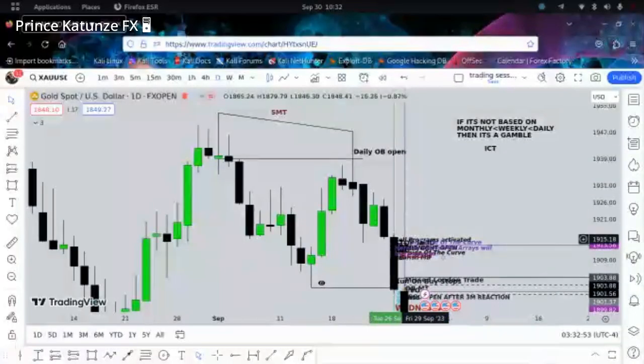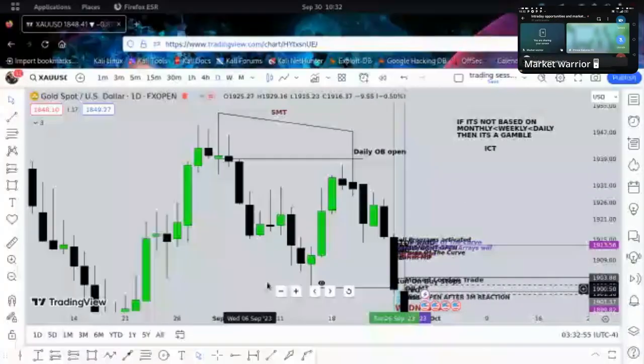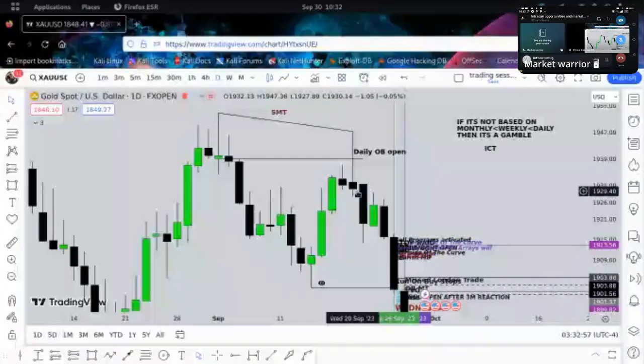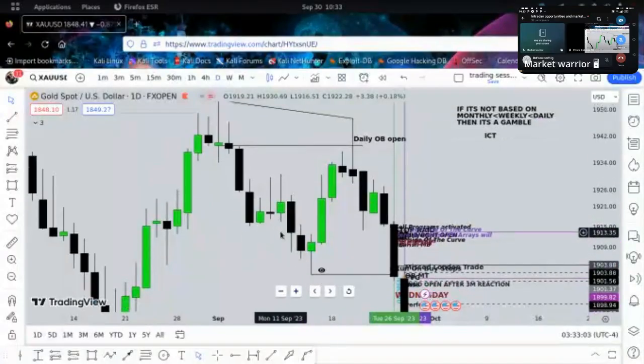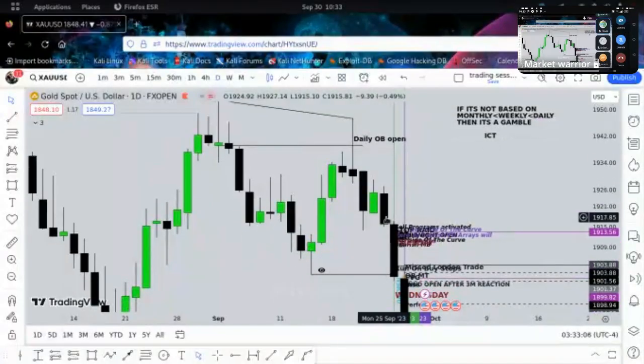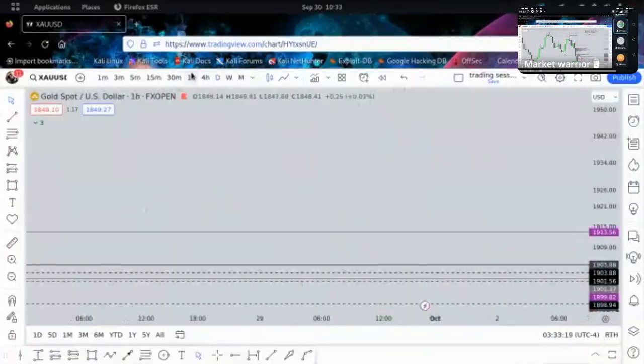So now let us go to what everyone is waiting for, intraday. Now that I know that Monday has closed bearish, and this is my draw on liquidity, how do I trade on Tuesday? How do I go for my intraday trade? So you get to the lower time frames.